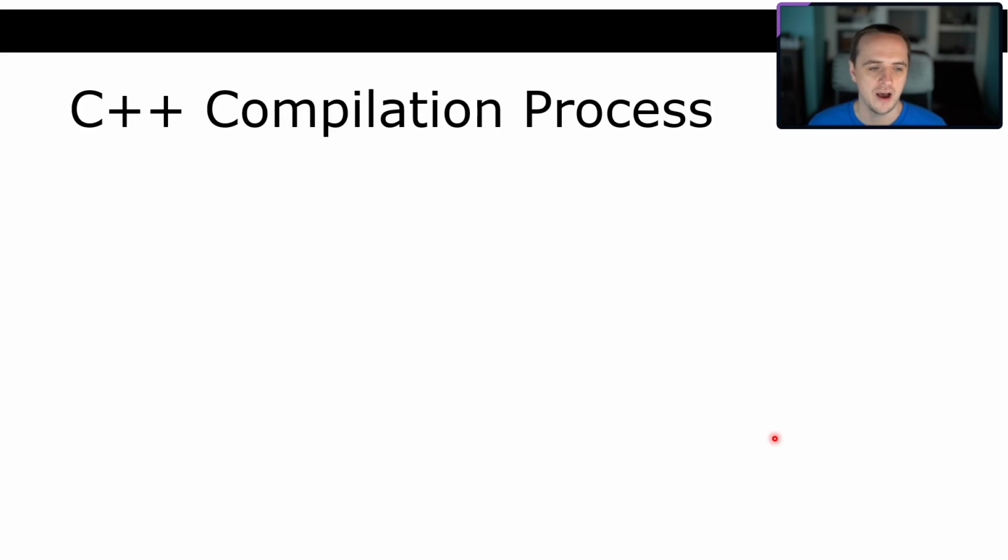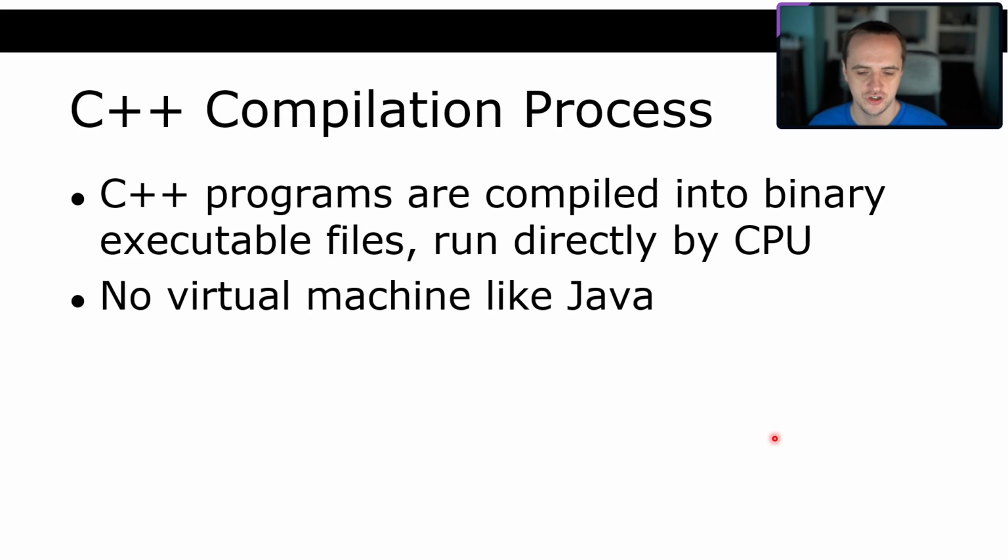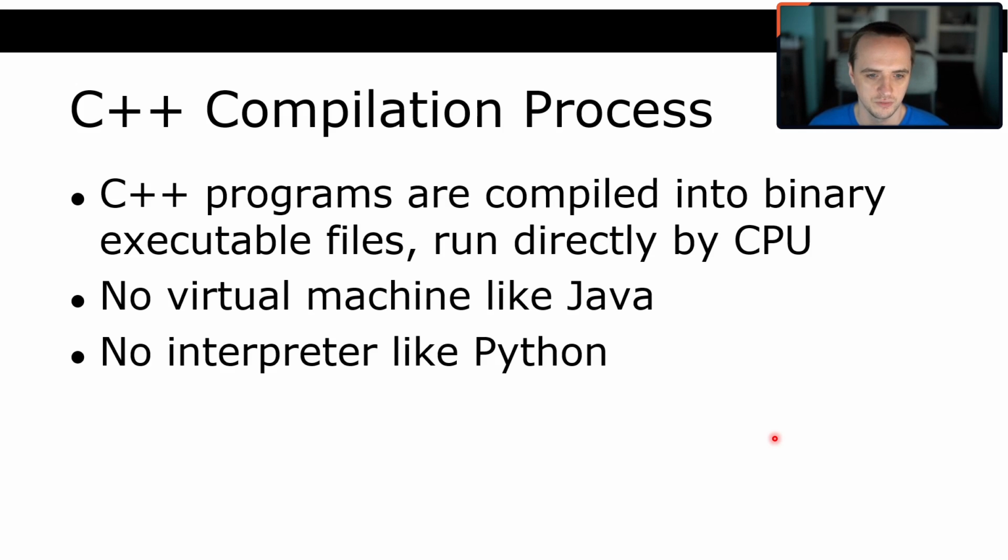All right, so how do we compile C++ programs? Well, first of all, you need a compiler, right? So C++ programs are compiled into binary executable files that are run directly by the CPU. So unlike Java, where you compile a Java program into bytecode that's run by a virtual machine, in C++ you are compiling it directly to machine code that's run by the CPU.